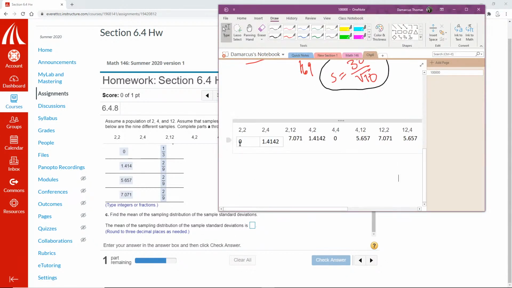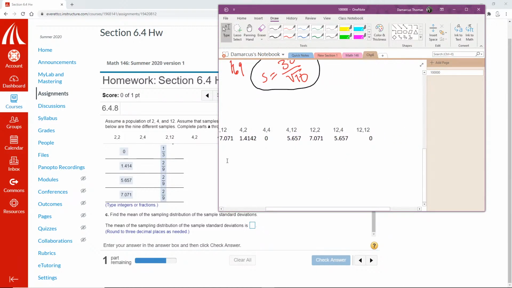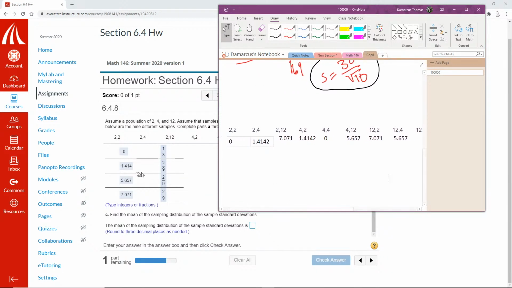They probably want us to add up all of these, and then divide by 9. That's one way to do it. Or they might just mean, take these 4 and divide by 4. But I'm going to do it the long way because that's probably the way they wanted it.